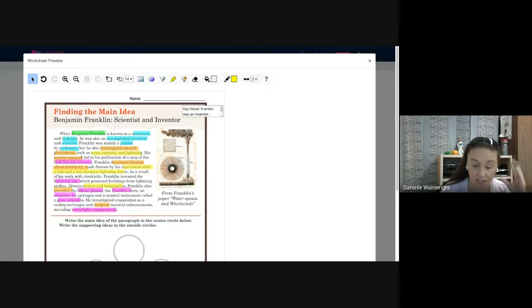So I want you guys to think about this. If I say car, bus, plane, train, and boat, what do those all have in common? Think about that for a second. That's right, they're all modes of transportation. So if you were reading a text that had all those things in it, you might be reading about modes of transportation, right?